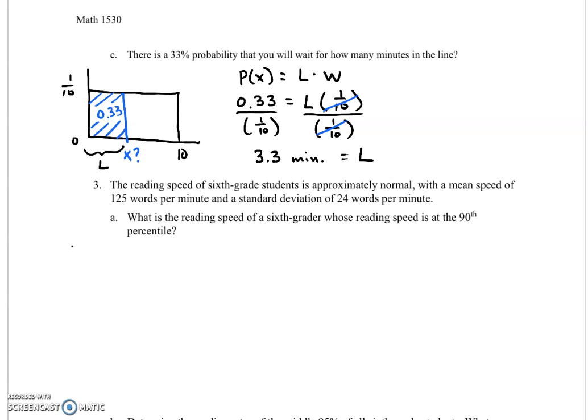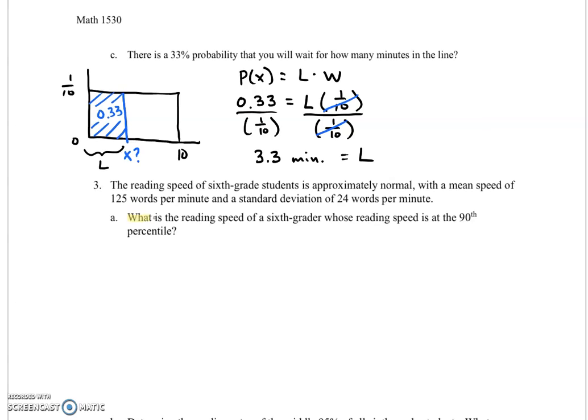Okay, example number 3, which is our last example. The reading speed of 6th grade students is approximately normal, with a mean speed of 125 words per minute and a standard deviation of 24 words per minute. What is the reading speed of a 6th grader whose reading speed is at the 90th percentile?